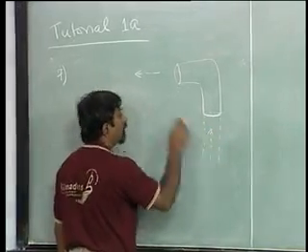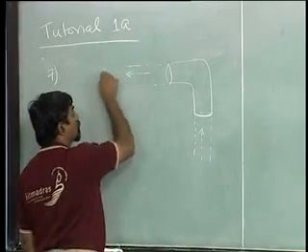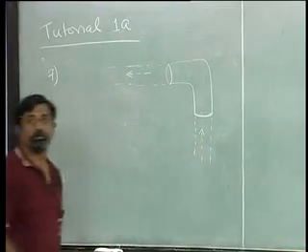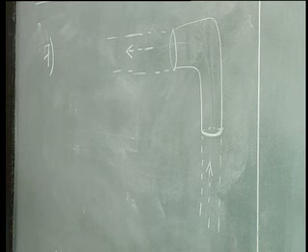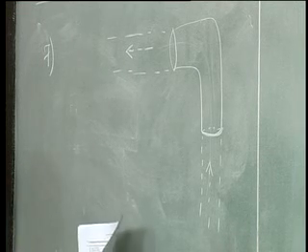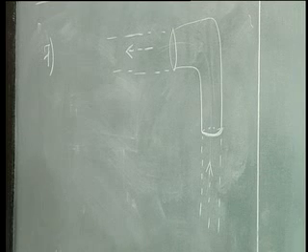This bend is otherwise attached to pipes over here. Okay. Now, we will do the same exercise that we have done earlier as far as drawing the free body is concerned.